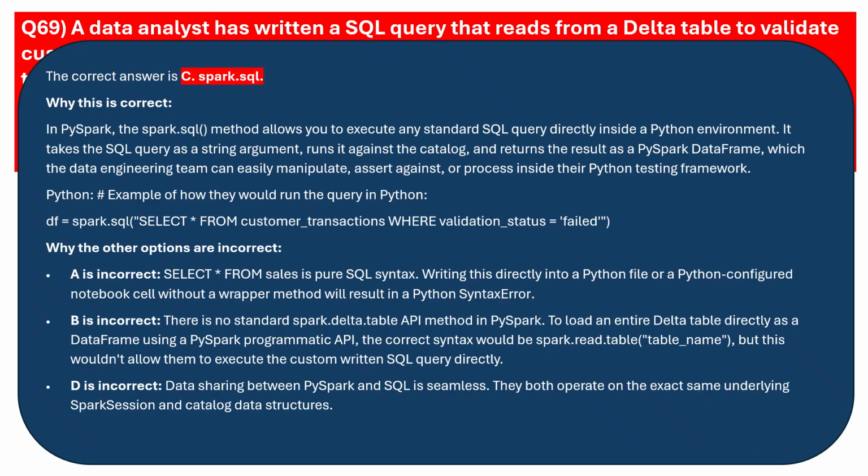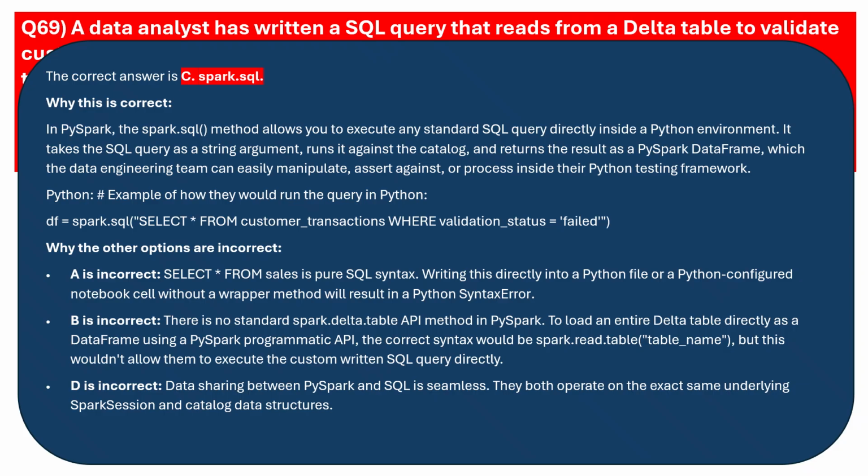Why the other options are incorrect. A is incorrect. Select asterisk from sales is pure SQL syntax. Writing this directly into a Python file or a Python configured notebook cell without a wrapper method will result in a Python syntax error. B is incorrect. There is no standard spark.delta.table API method in PySpark.